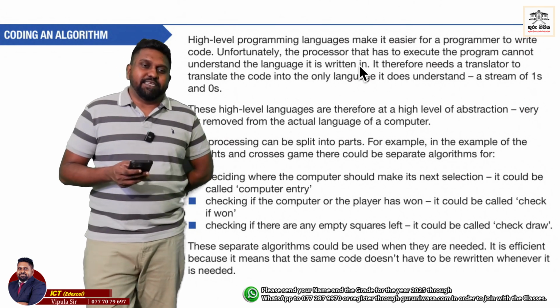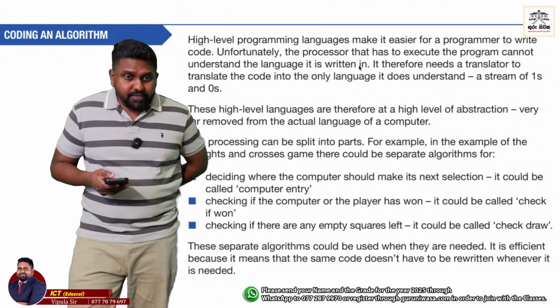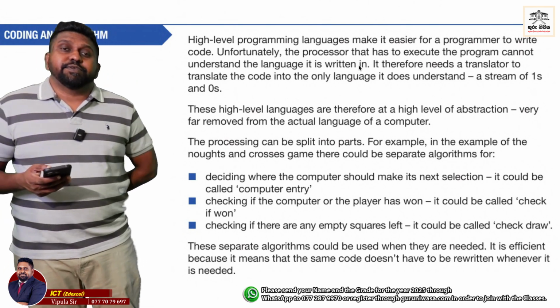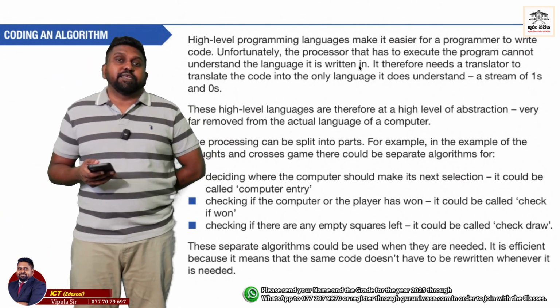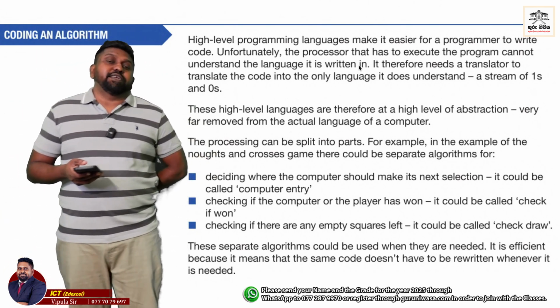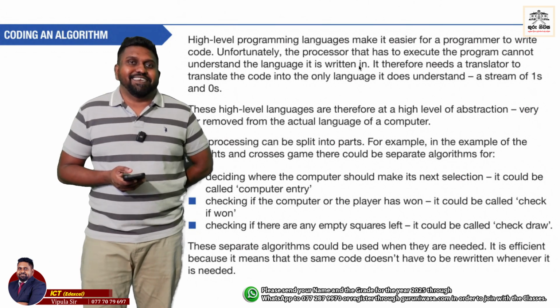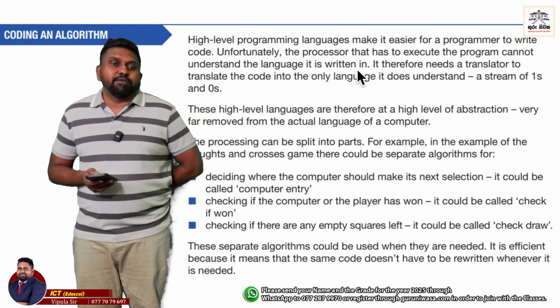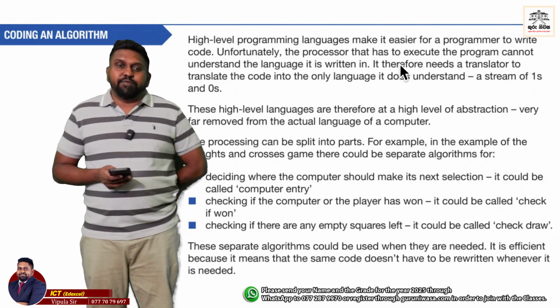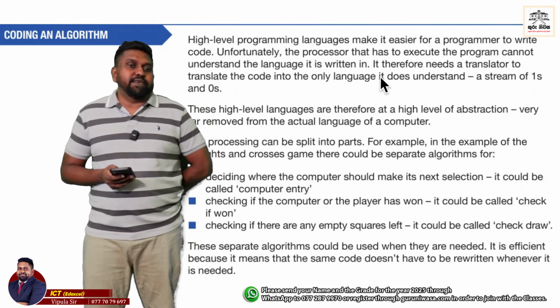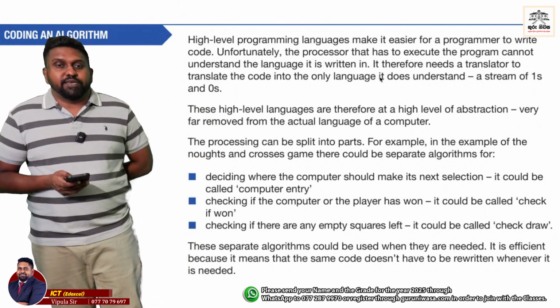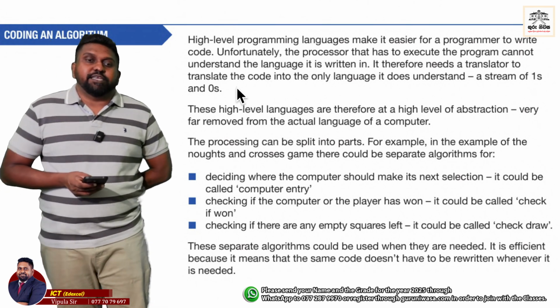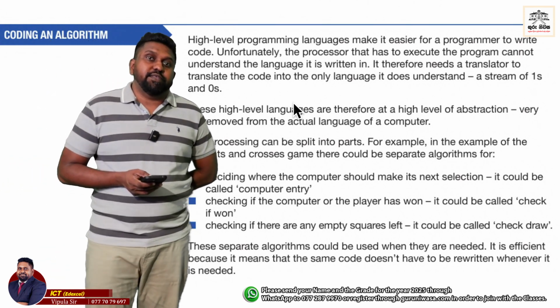Because whatever the language you use, ultimately your CPU can only understand ones and zeros, right? So that means you have to convert it into a low level language. For this we use translation layers. We call them translators, okay? These are code translators which will translate.